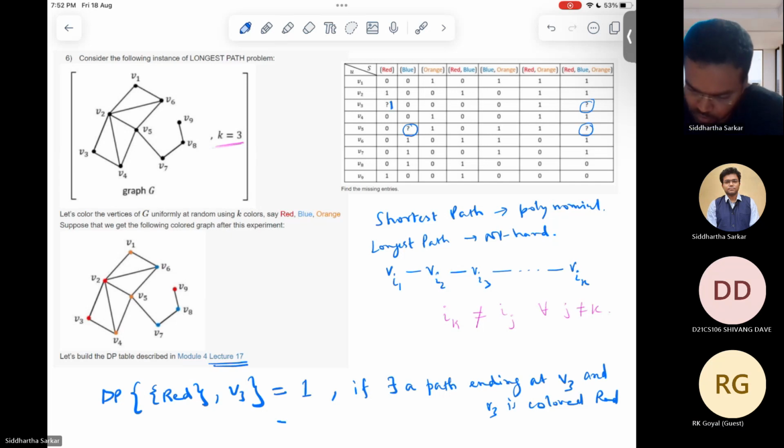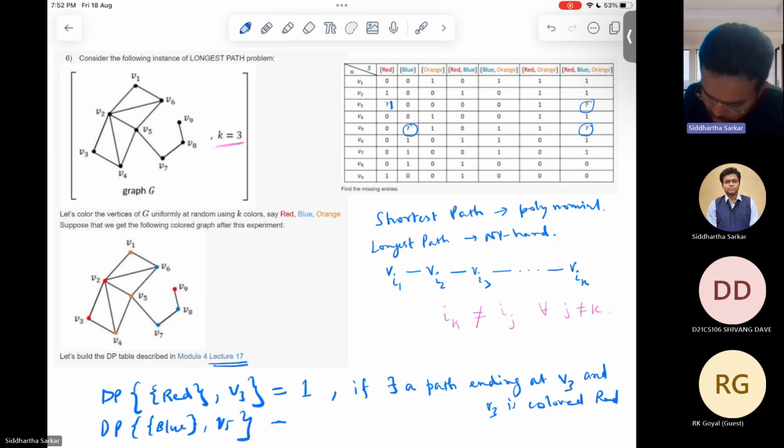Similarly, what is DP of blue comma V5? So does there exist a path that ends at V5 and V5 is blue? That is the question. If the color of V5 is not blue, then no path ending at V5 can ever have its ending point with the blue color.